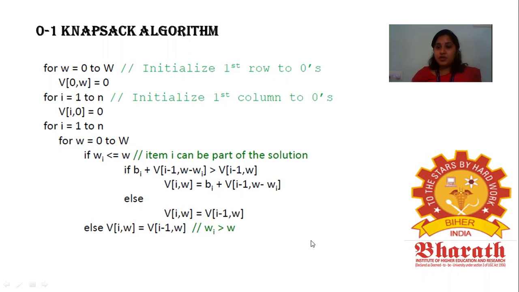So what is the procedure to add? Now we'll take the value, along with that we'll take the thing which is in the previous row, previous column, then we'll compare. If that is greater, then that will be considered as the updated weight of the knapsack and that object will be inserted.